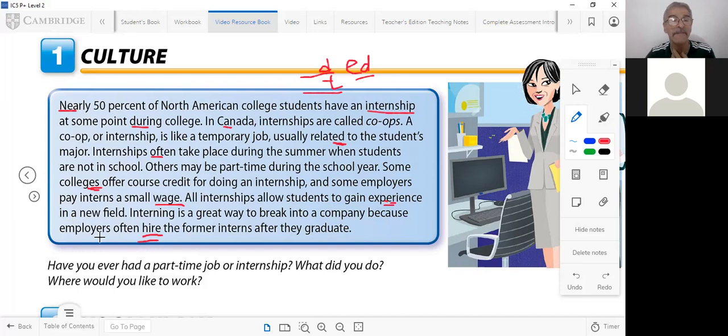Okay, often hired. The employers, the companies hire the former interns after they graduate. If you are a student who is by the end of the career, the company hires you only after you get your diploma, your title, your degree.